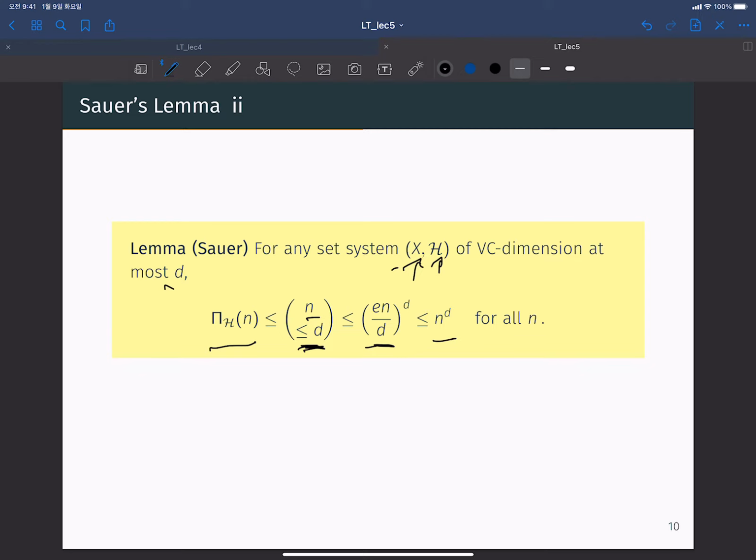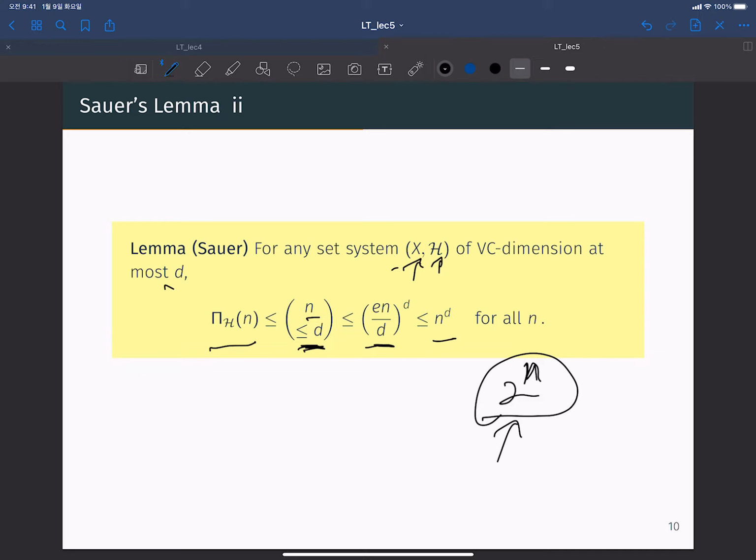we can basically upper bound the number of hypotheses defined on our input domain X. When the VC dimension is very small, we don't need to worry about the scale of increase of the possible hypothesis set. 2 to the n is all possible hypotheses that can be defined on input domain X. But when we consider a very, very simple hypothesis class, mostly we cannot cover all possible hypothesis functions.